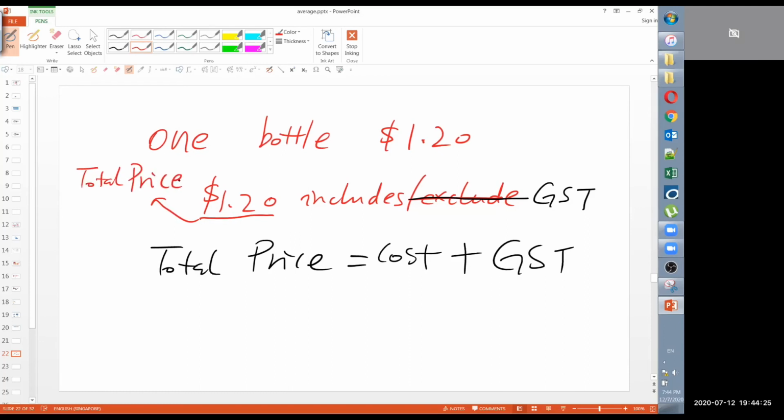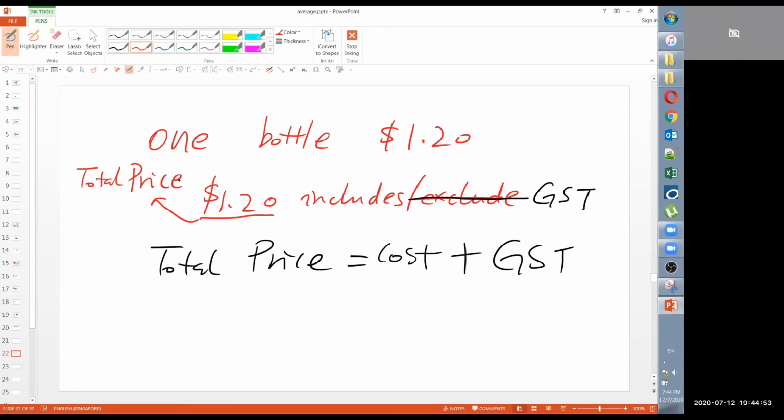Because? I say because haven't include the GST. Correct. So the total price always what? Includes the GST. Okay. So when you never include the GST, what is that value? That's the cost. Yeah.